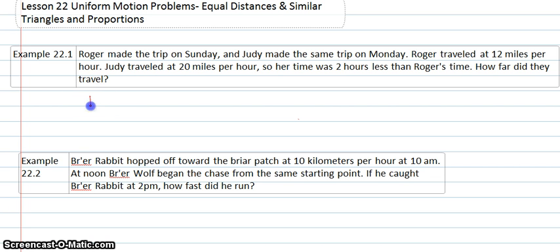So they're each going to have a rate, time, and distance. We're going to have the rate of Judy, and then the rate, time, and distance of Roger.